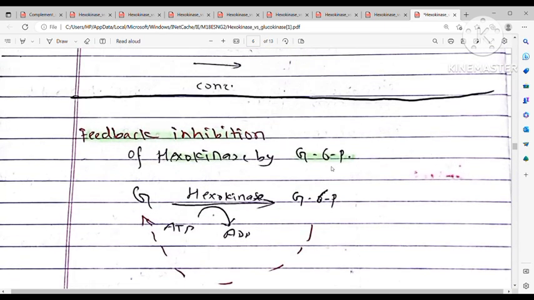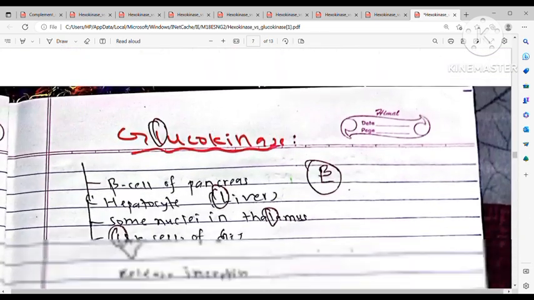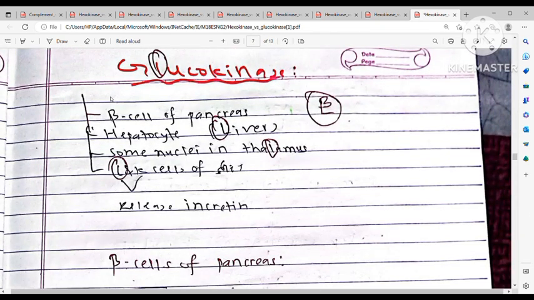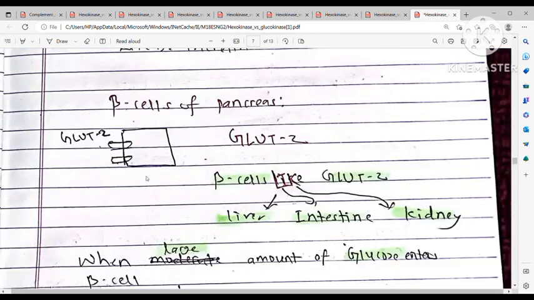Now, hexokinase is inhibited by glucose 6-phosphate. This is called feedback inhibition. Feedback inhibition of hexokinase by glucose 6-phosphate. Glucokinase is present in beta cells of the pancreas, liver, hypothalamus, and L and K cells of the GIT.